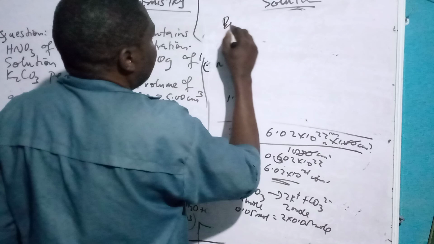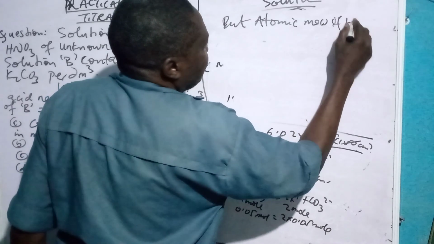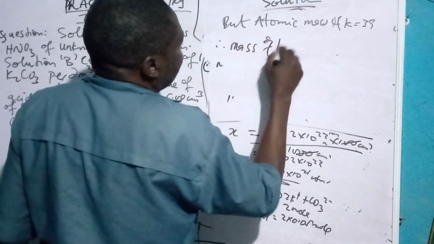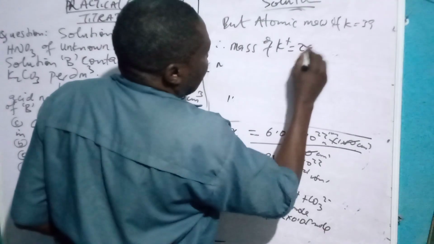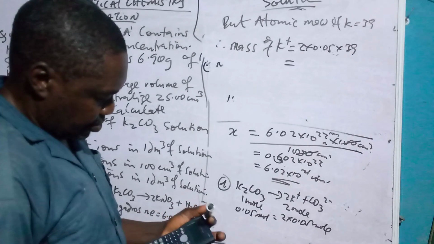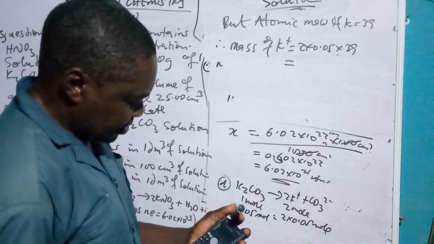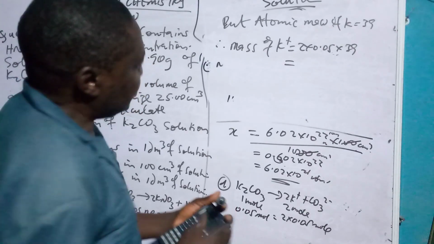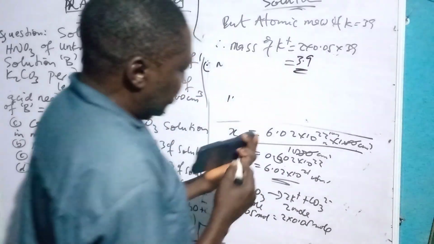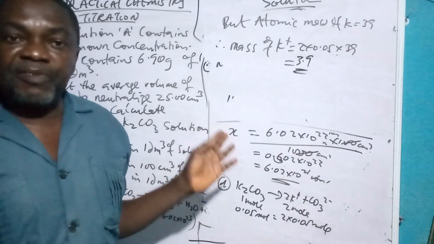The atomic mass of potassium is 39. Therefore, mass of potassium ions will now be 2 times 0.05 times 39, which gives you 3.9 grams.